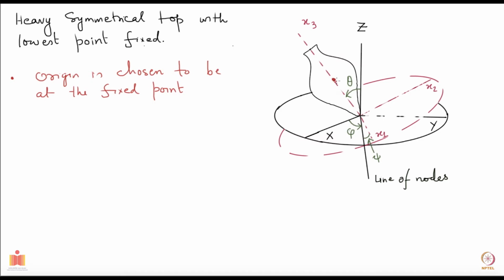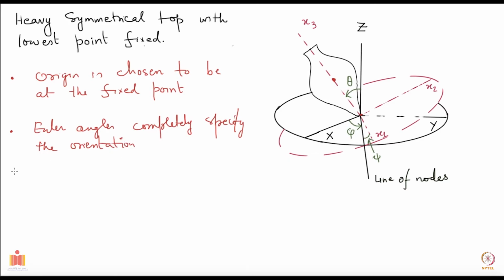That's not where I'm going to choose the origin of this body. I'm going to choose the origin here. Second, because one point is fixed, any orientation is going to be completely described by Euler angles. So Euler angles completely specify the orientation. So it's a simpler case in that context.